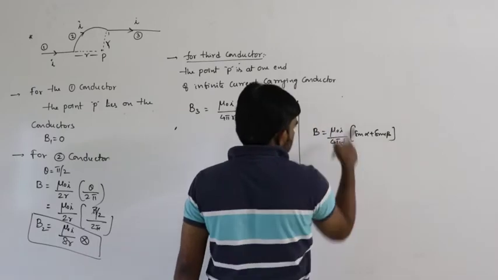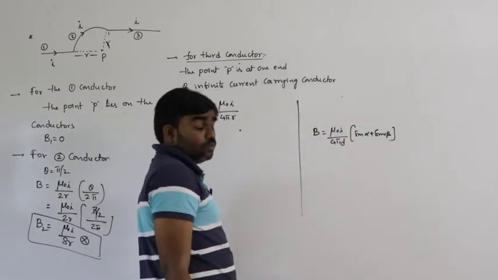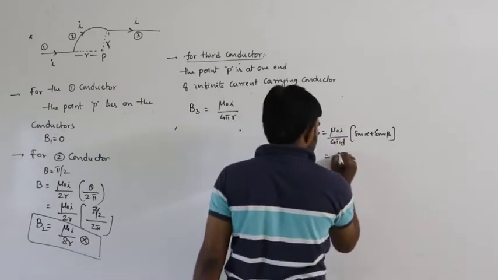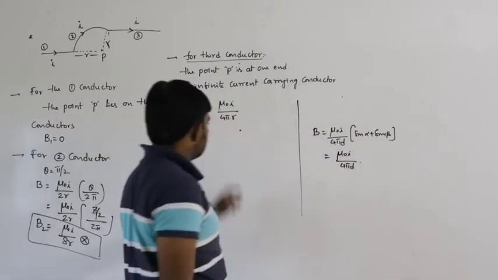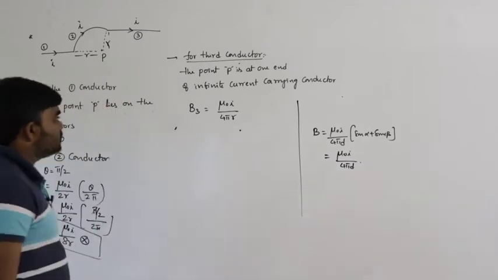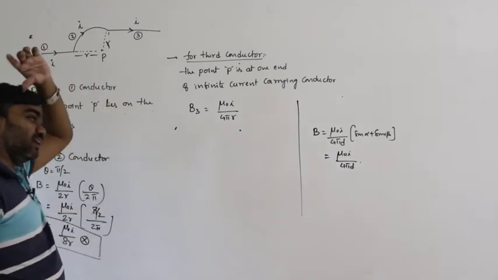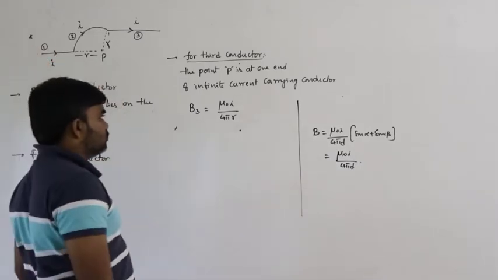Here one angle is 90 and one angle is 0. That's why it is mu naught I by 4 pi d. We already discussed this. So B3 is equal to mu naught I by 4 pi r.